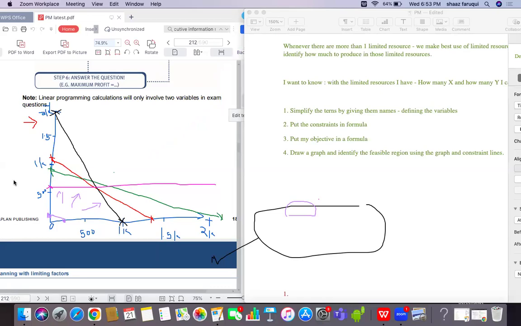But you have constraints. So what you are seeing is, using this line, what is the farthest point you can go without crossing any of the constraints? What is the farthest point you can go within the feasible region?